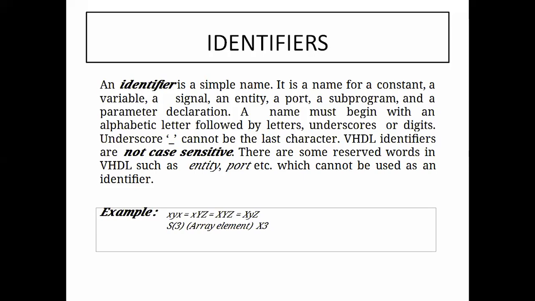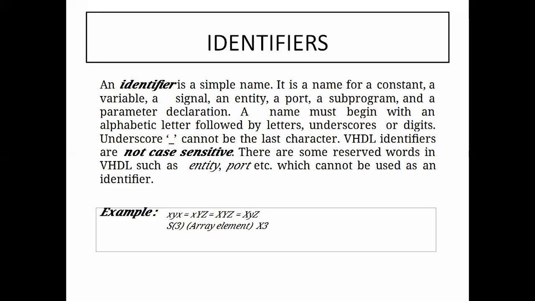And a name must begin with an alphabetical letter followed by letters, underscore or digit, but its initial letter should be an alphabetical letter. You cannot start with the underscore initially. Later on you can use the underscore, but initially you have to start the name of the identifier by using an alphabet only.